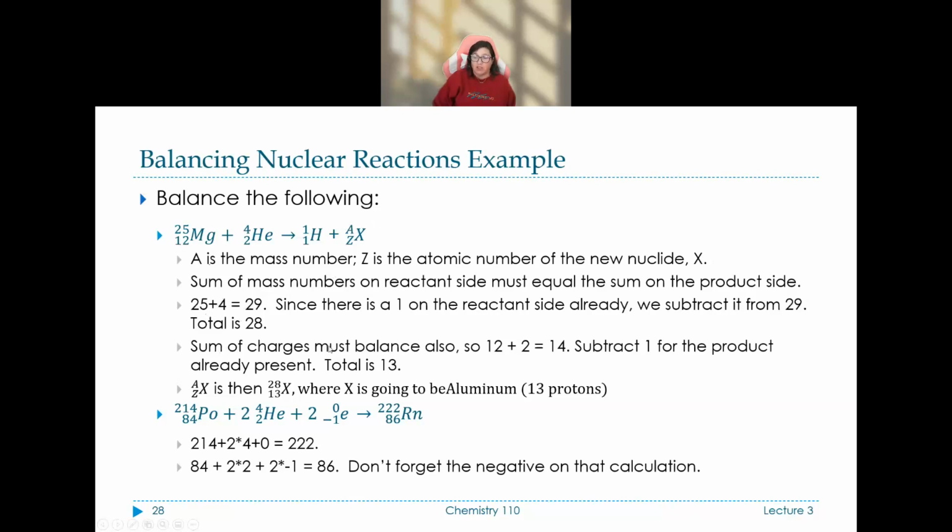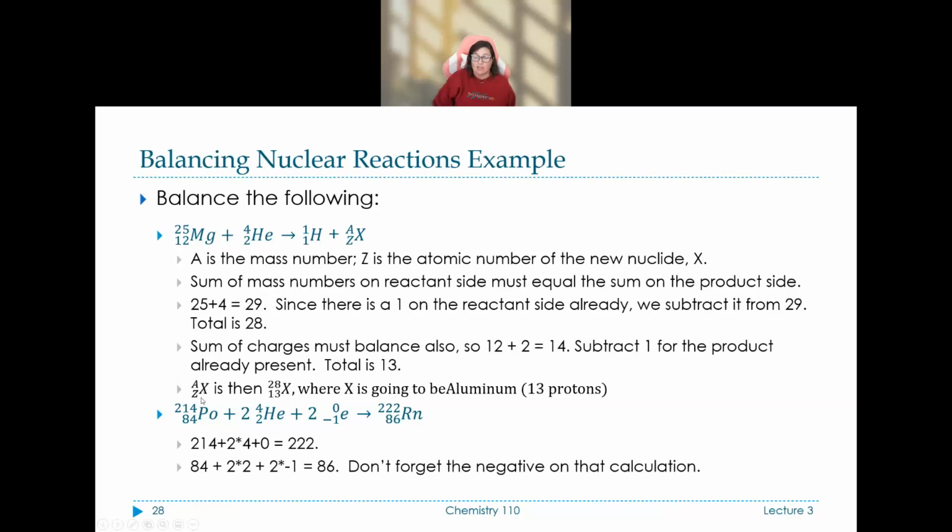The charges must balance also. The number of protons has to be the same on this side and this side. 12 plus 2 is 14. Subtract 1 for the product that we already have, and the total is 13.